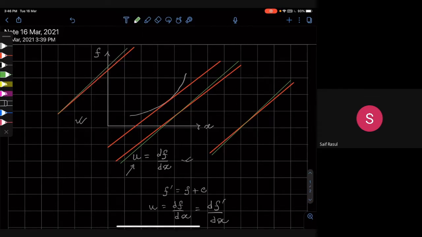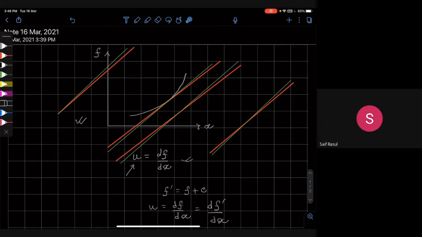But if I give you the intercept of that line as well, then you know that it is going to touch this curve at a point a bit higher than the previous line, right?